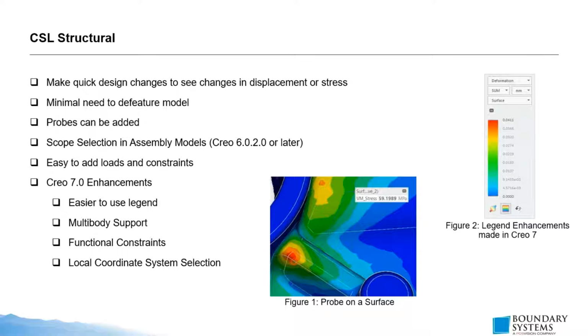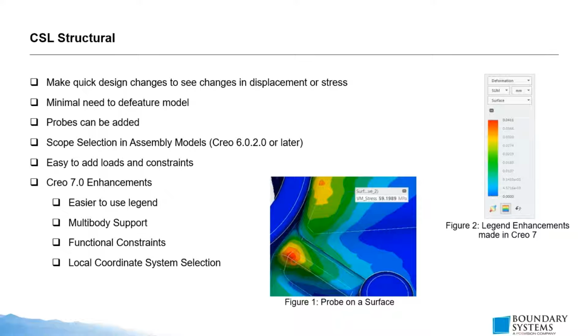If you haven't upgraded to Creo 7, the big thing they added there was multi-body design. So obviously inside of Creo 7, Creo Simulate Live, we have multi-body support. We also have functional constraints inside of Creo 7 structural, where we now have planar constraints, cylindrical or ball constraints. Those are now available to us inside of Creo Simulate Live.